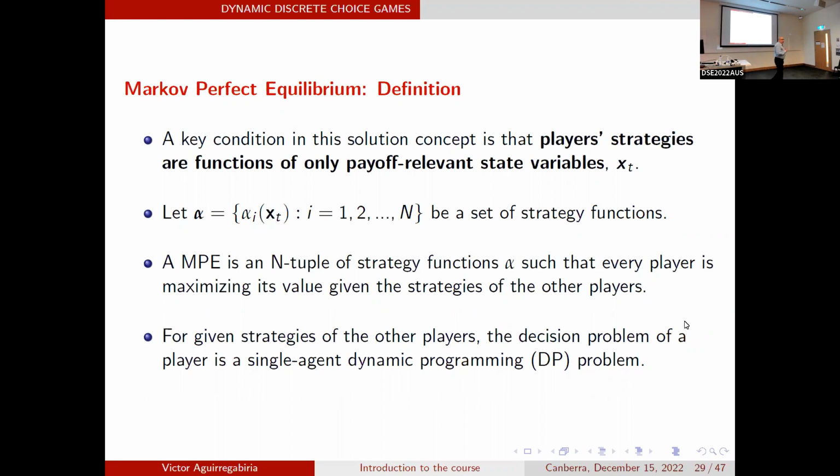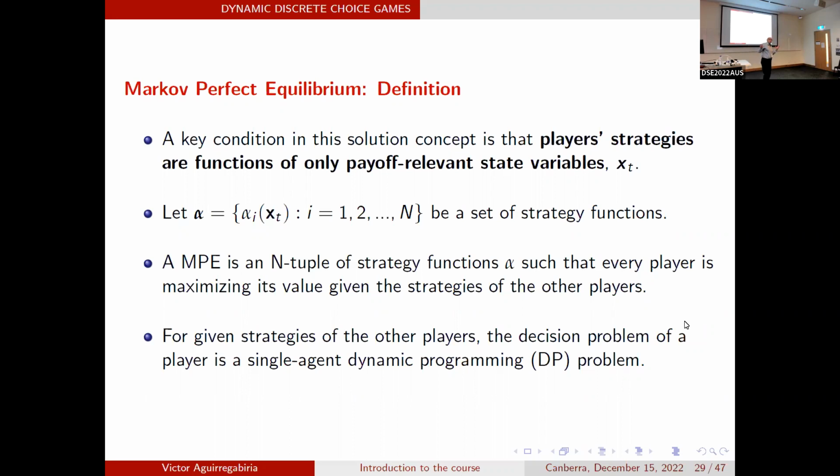Now, what I have to solve is a single-agent dynamic programming problem. My best response is the solution of a single-agent dynamic programming problem because I have taken as given how the other firms will behave now and in the future.